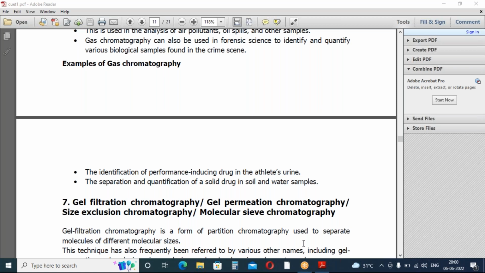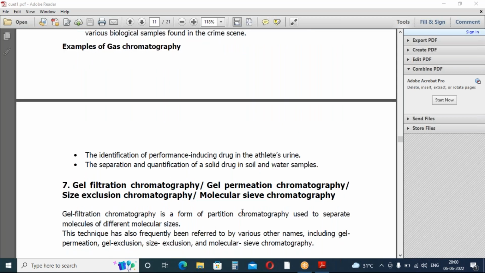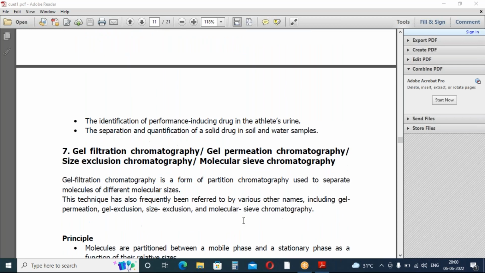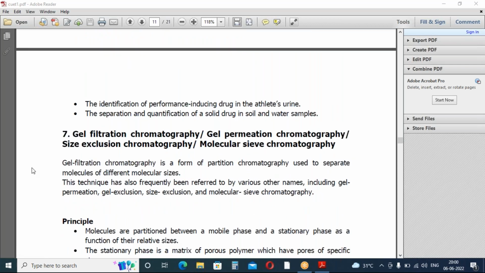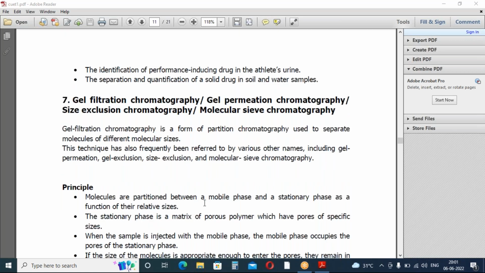It is called gel filtration, gel permeation, size exclusion chromatography, or molecular sieve chromatography. The molecules are partitioned between the mobile phase and stationary phase, and that causes a separation of the mixture based on relative sizes.